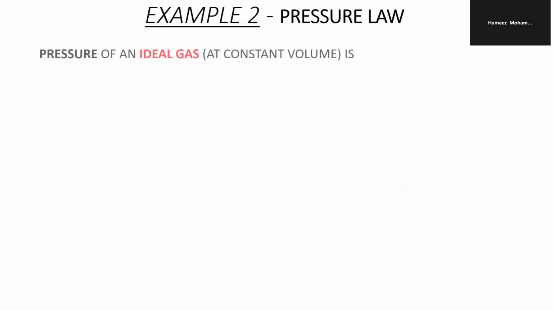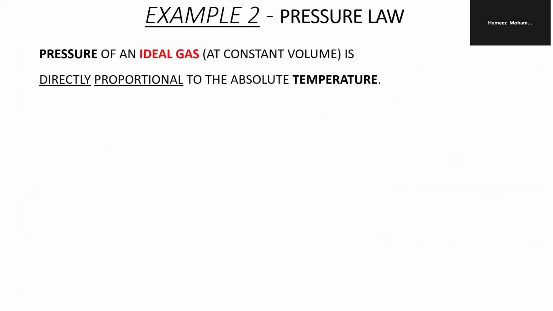So now let's look at an example a little further on. Considering the pressure law, for some of us that had done sciences at secondary school level. Pressure of an ideal gas at a constant volume is directly proportional to the absolute temperature.